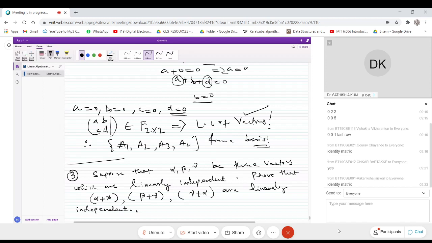That will give a system of equations in a, b, c. So either you find out the constant values are zero directly, or you go for a system of equations, and the final matrix should reduce to 1 0 0, 0 1 0, 0 0 1. If it is a unique solution, then a equal to b equal to c equal to 0, and you can say they are linearly independent vectors. Can you try now? Just try.